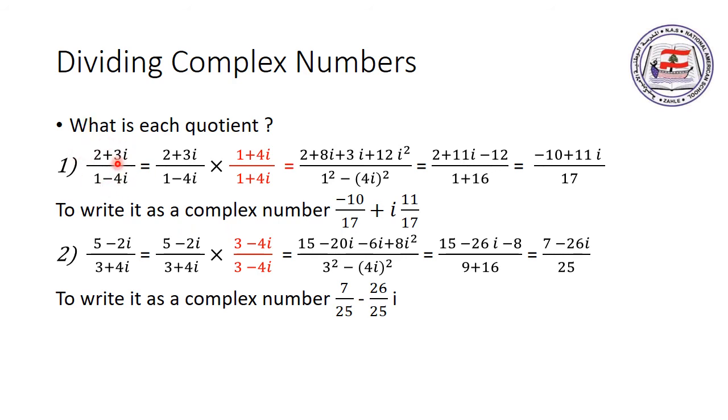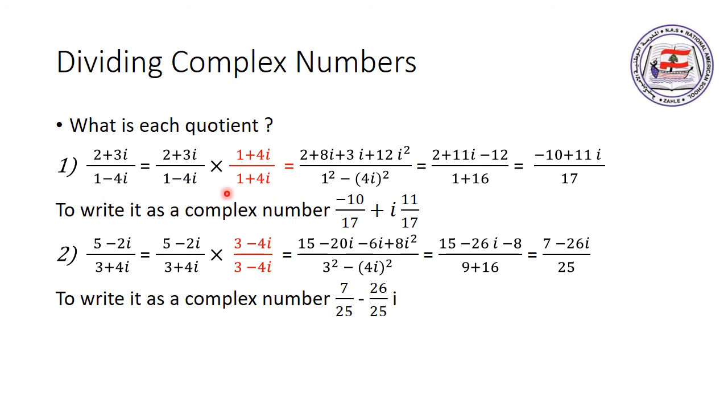So basically we need to remove or change the denominator from the complex form to a real number. How can we do that? We need to multiply and divide this fraction by the conjugate of the denominator.